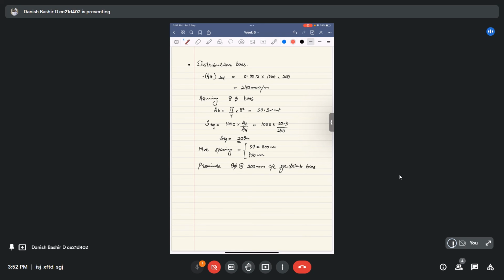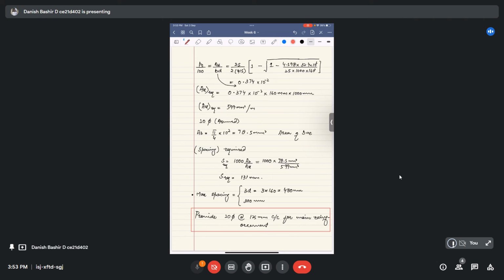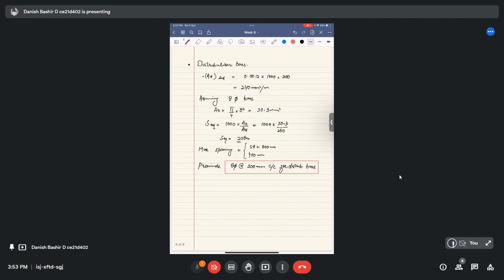So our design is complete for the one-way slab. We are providing 10 mm diameter bars at 125 mm center to center for main reinforcement, and 8 mm diameter bars at the rate of 200 mm center to center for transverse reinforcement or distribution reinforcement.